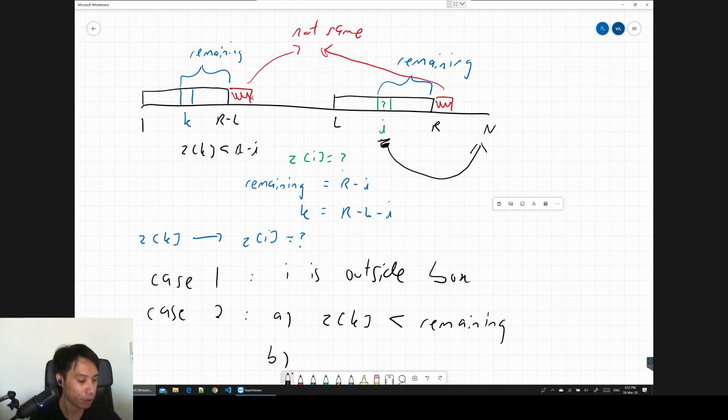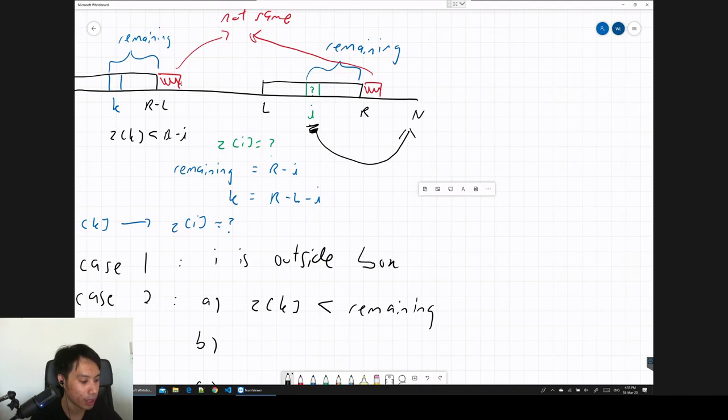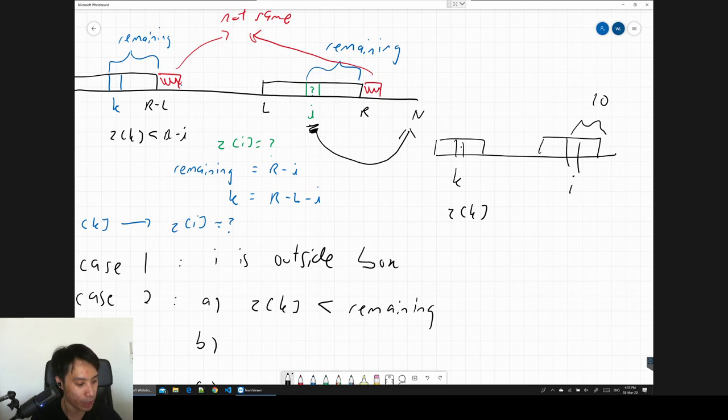If I were to give you an example, if I have a Z box like the following, let's say this is I and this is K. Let's say my remaining has a size of 10, and if I look at Zk, the number I'm saving here is only 4. It means the 4 alphabets here are the same as my prefix. That's all. So this is the first case.